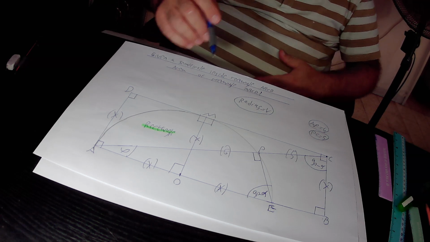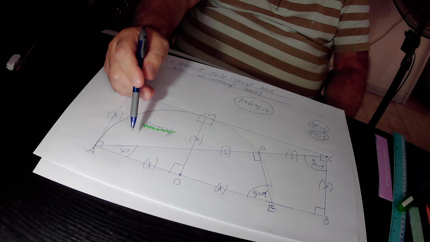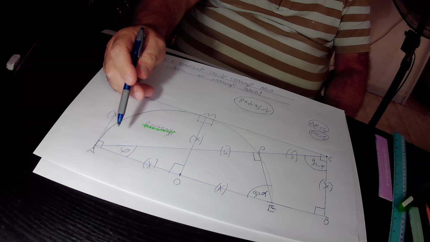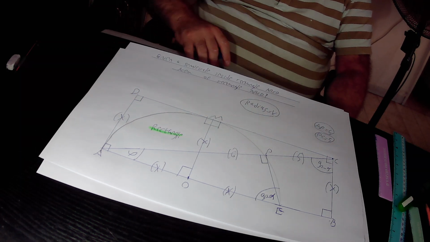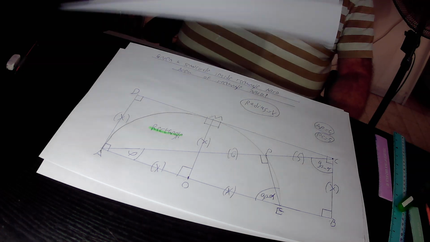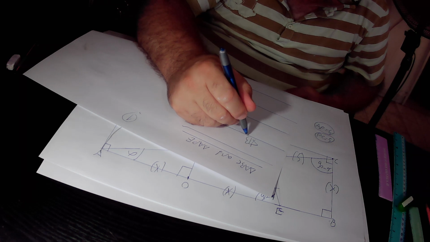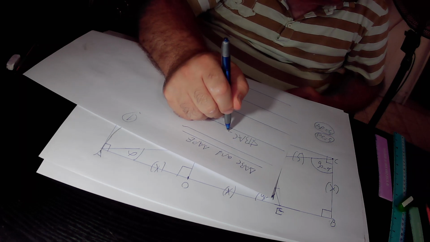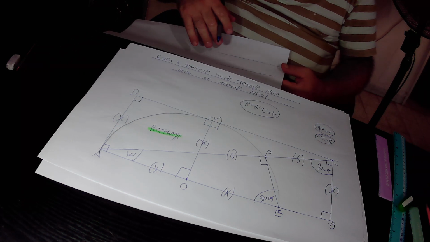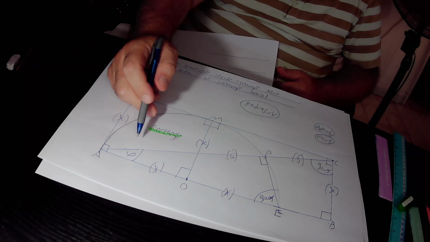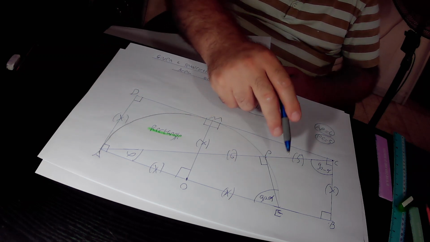If you relate to this angle A as it belongs to the right big triangle ABC, it will be defined as angle BAC. And angle A equals itself. If we relate to this angle A as it belongs to the right small triangle APE, it will be defined as angle EAP.